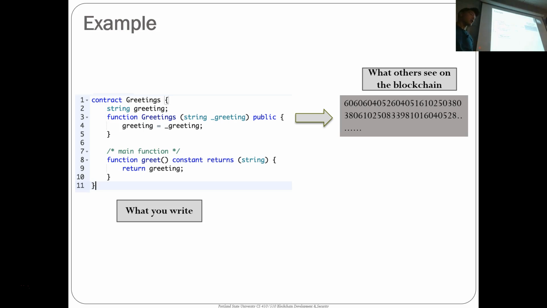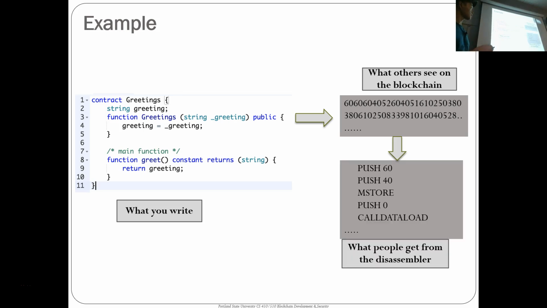A bunch of bytes. And if you ran a disassembler on this thing, just like in CS410, you would run a disassembler on x86. x86 looks like a blob of bytes. And then you run a disassembler. Well, this opcode is push 60, then push 40, and then mstore. So these are the individual EVM instructions that that contract implements.